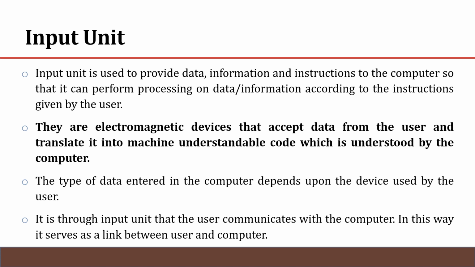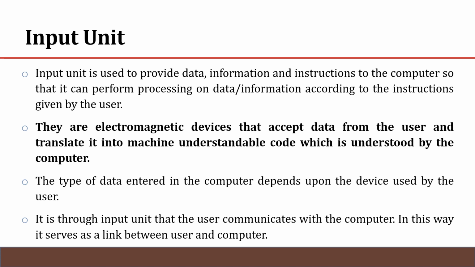Input unit is used to provide data or information and instructions to the computer so that it can perform the processing on data or information according to the instructions given by the user. These are electromagnetic devices which accept the data or information from the user, and they translate it into machine understandable code which is understood by the computer.